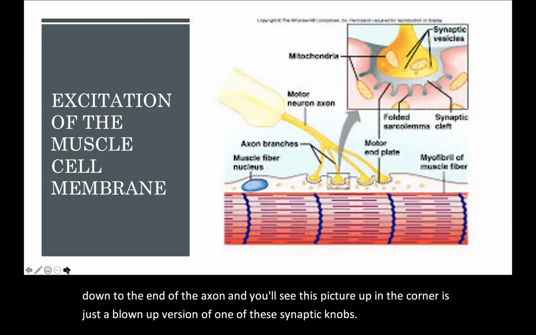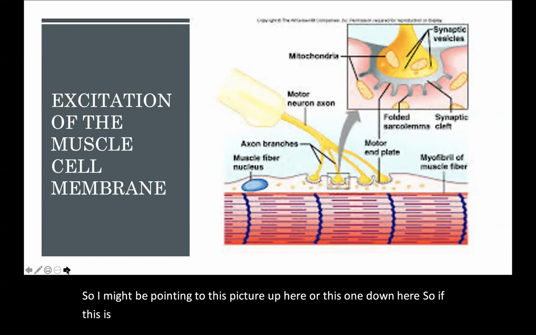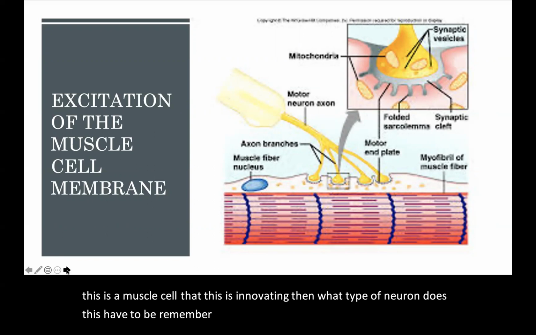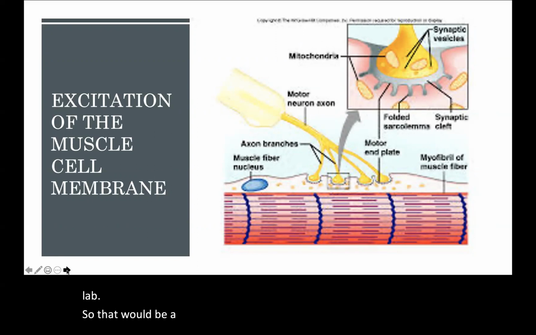So I might be pointing to this picture up here or this one down here. So if this is a muscle cell that this is innervating, then what type of neuron does this have to be? Remember, we went over this last week in last week's lab. So that would be a somatic motor neuron.